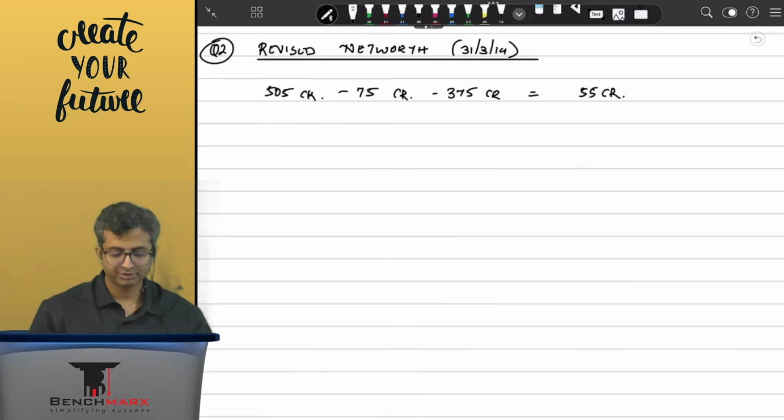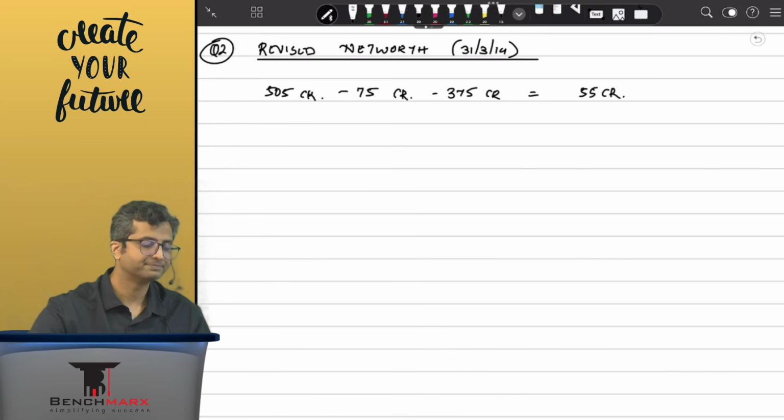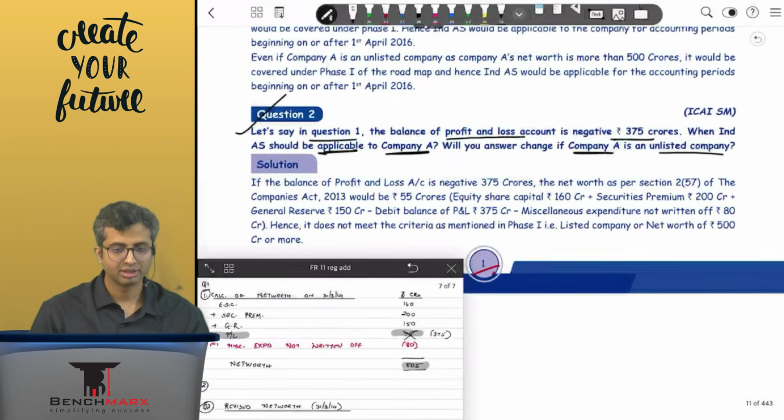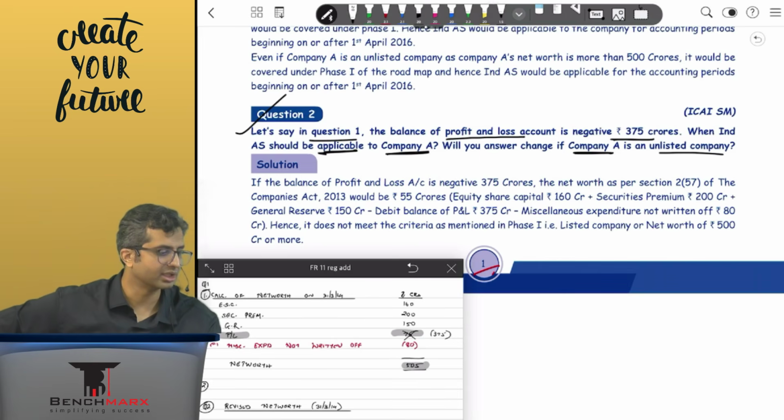Full stop. However, being a listed entity, Ind AS will apply. When will it apply? In 17-18. Will apply in 17-18.